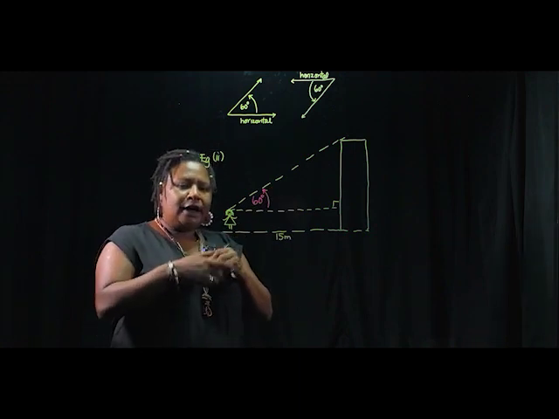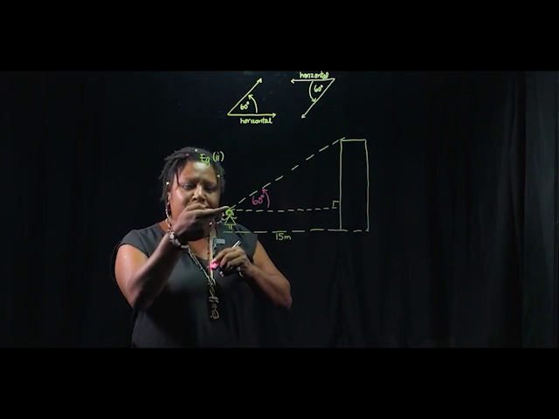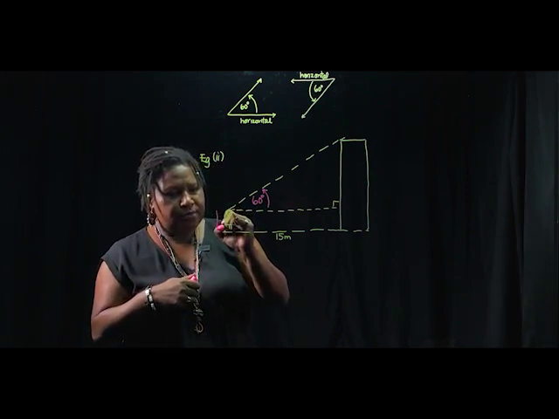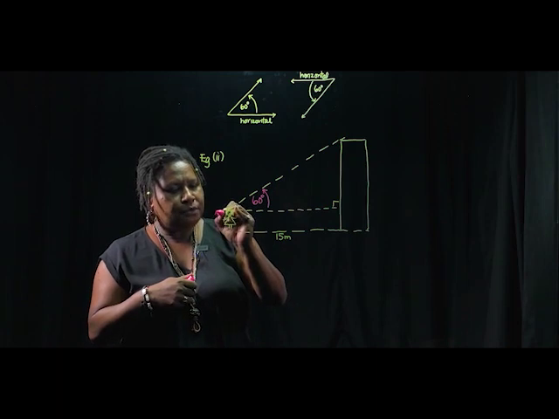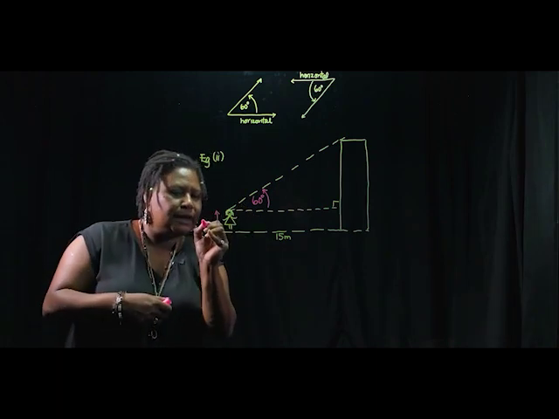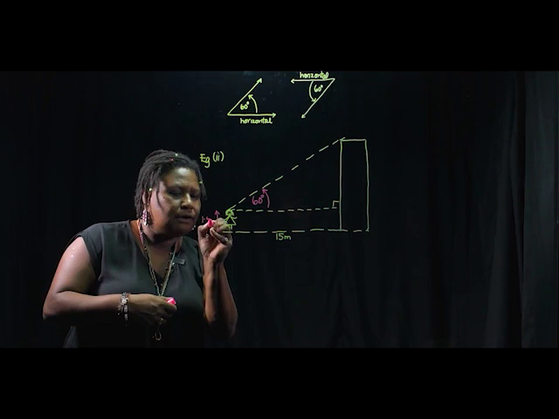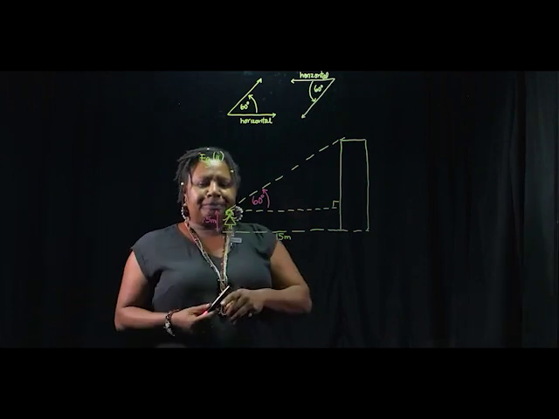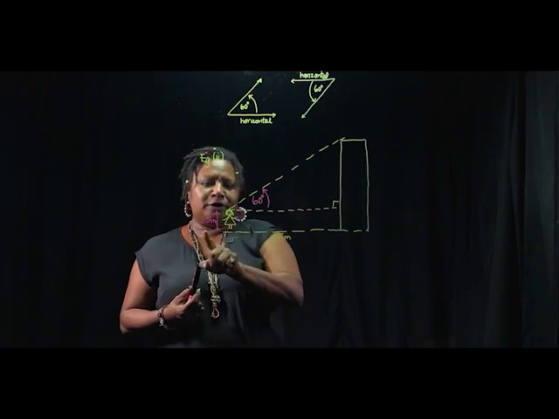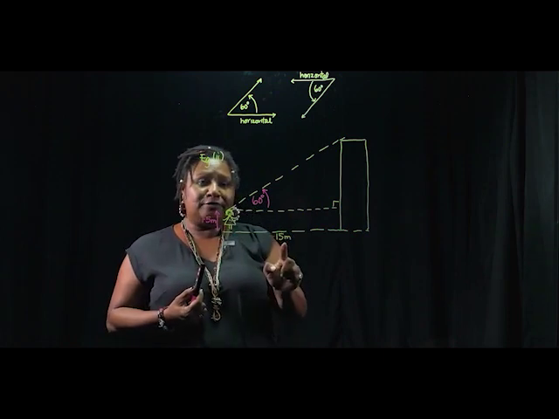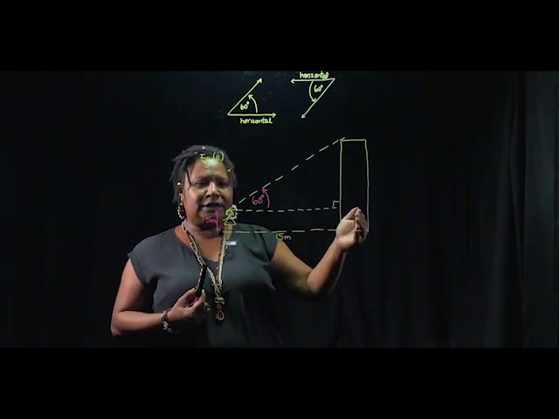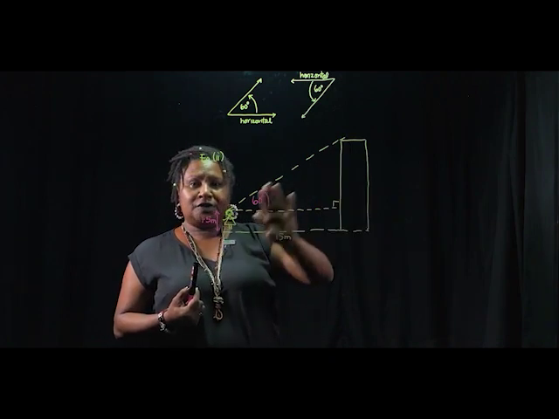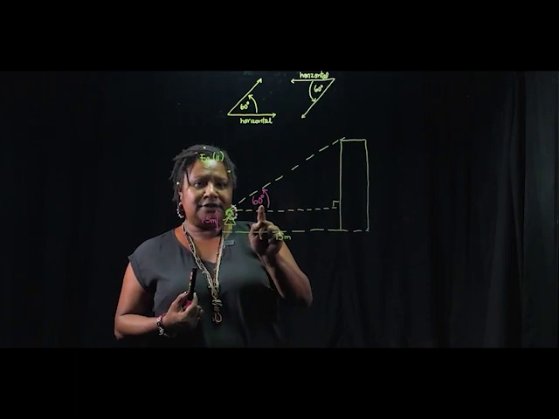Now, Mary is about 1.5 meters tall. This is important because we are also going to use this to help us. Mary is 1.5 meters tall, she's standing 15 meters away from this building, and her angle of elevation as she's looking at the building is 60 degrees.